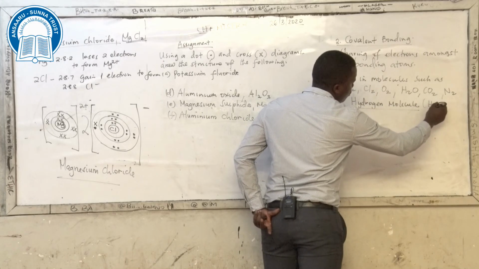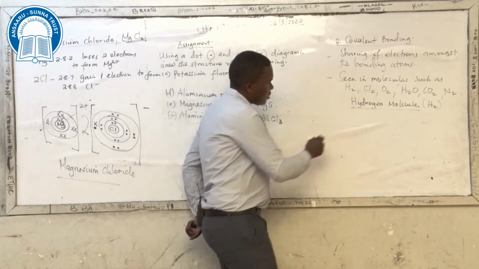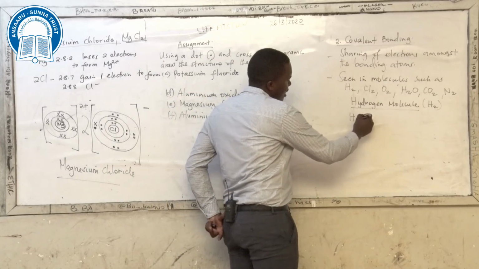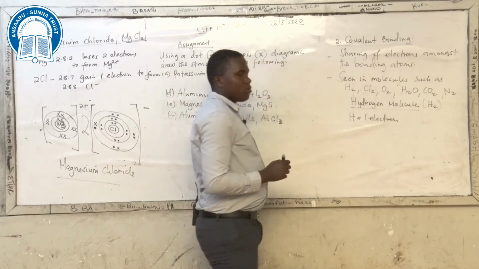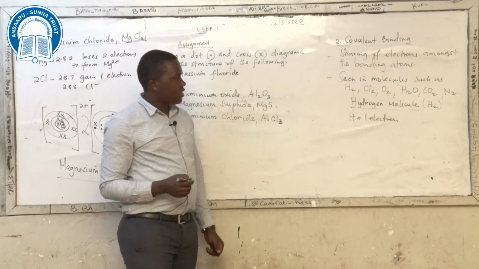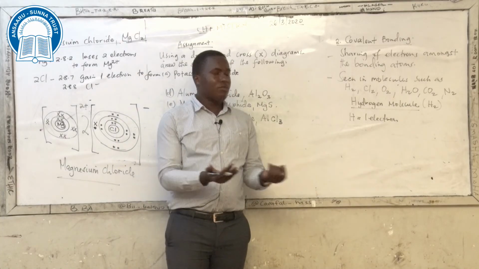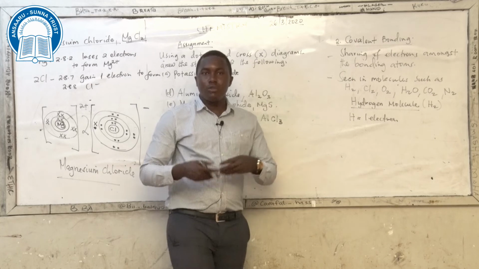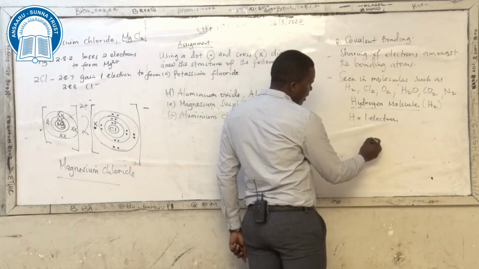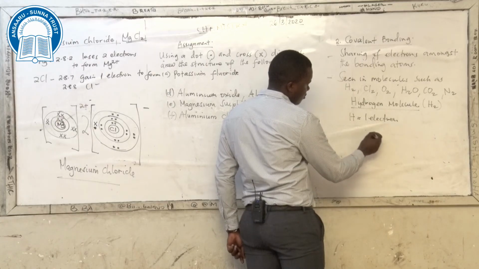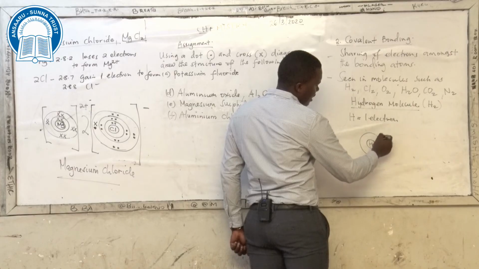which is H2, the hydrogen atom always has one electron. So for it to react, it requires to gain one. And in this case, there will be nowhere to gain the electrons, but instead it will share the electrons. And therefore, you will have a hydrogen atom bonding with another hydrogen atom.